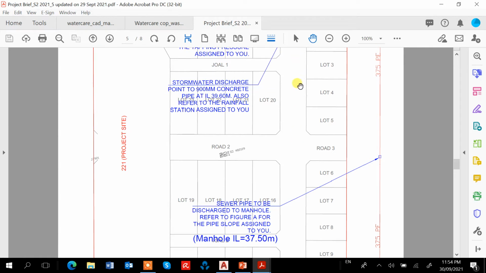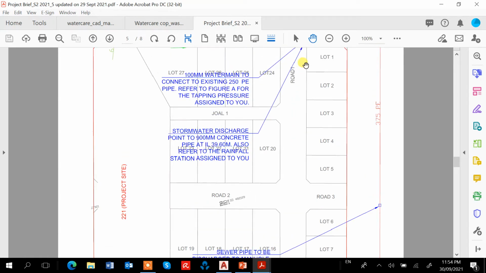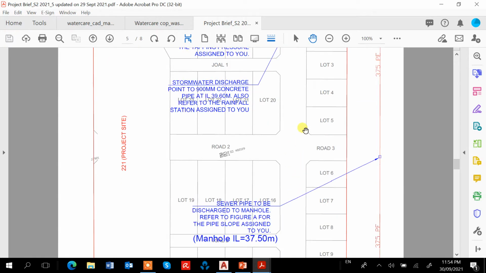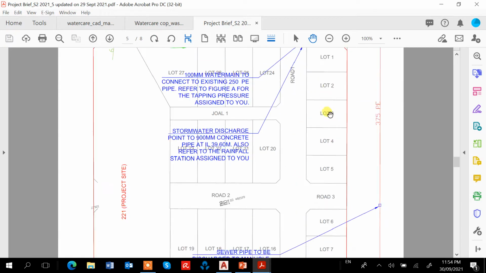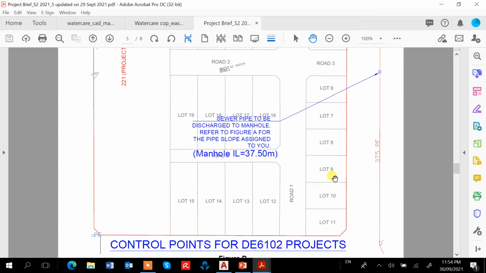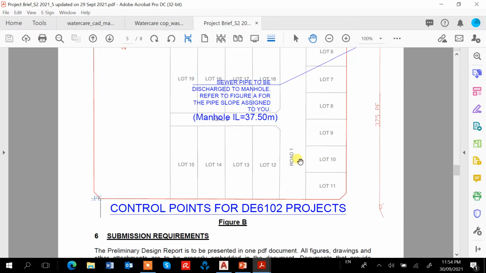You might have to put the sewer pipe along this road here, because there are lots 1 to 5, and then lots 6 to 11 along the road 1 on this side.